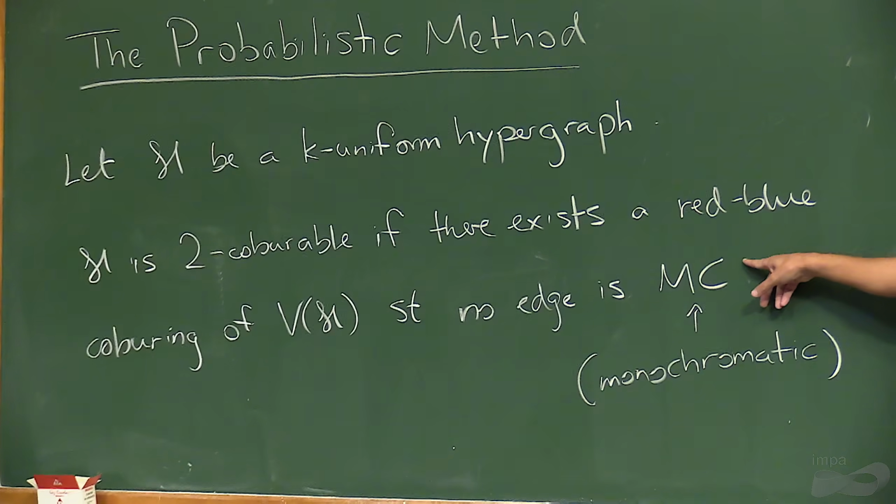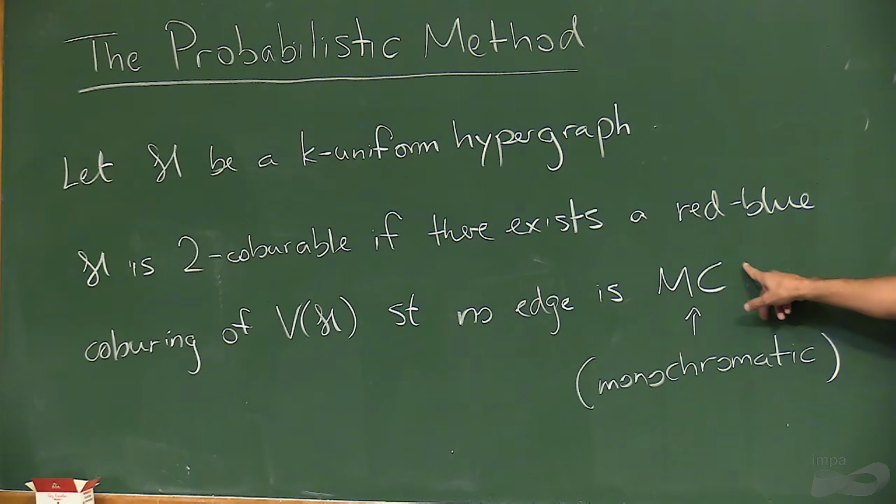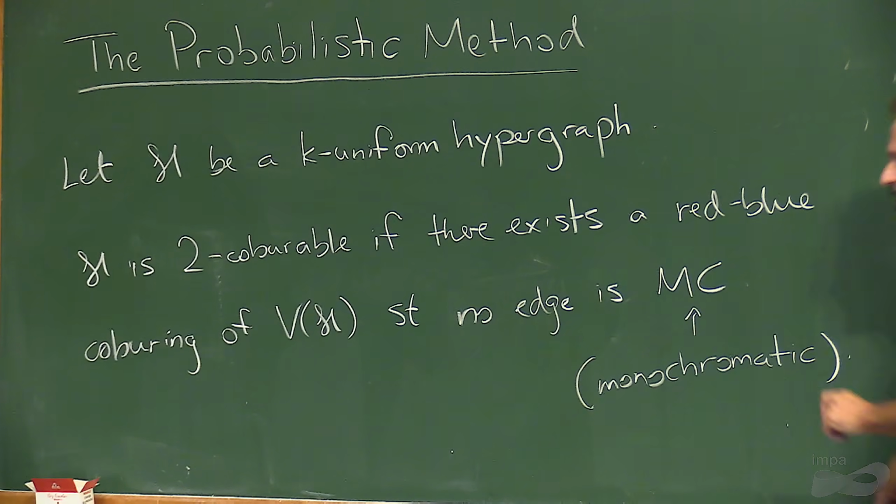So I'm going to write MC for monochromatic quite a lot, so might as well start now. Okay, does it make sense?